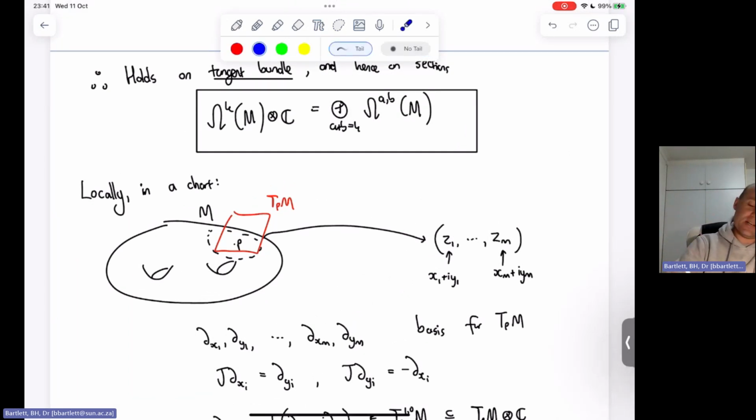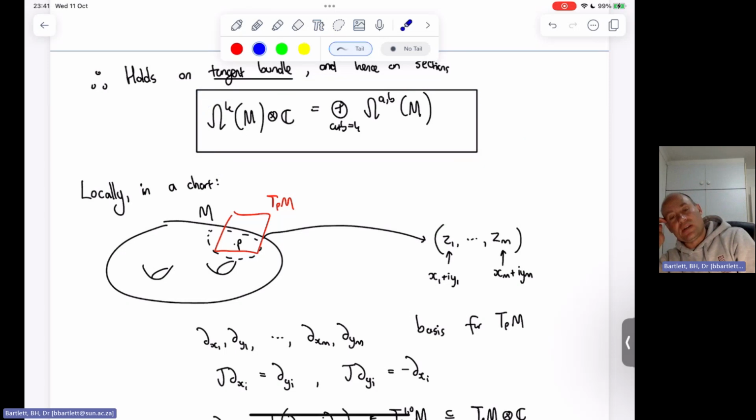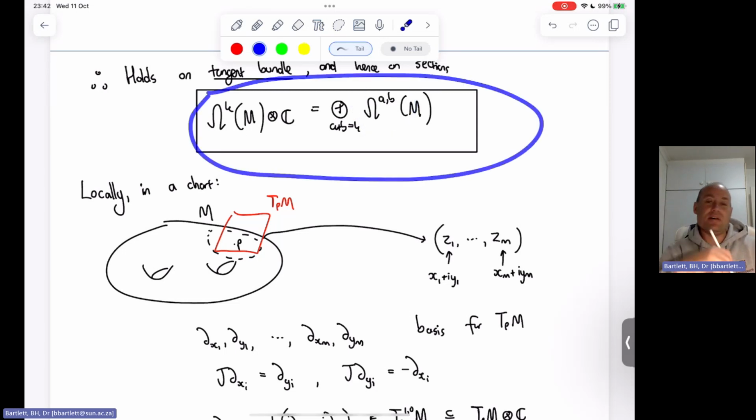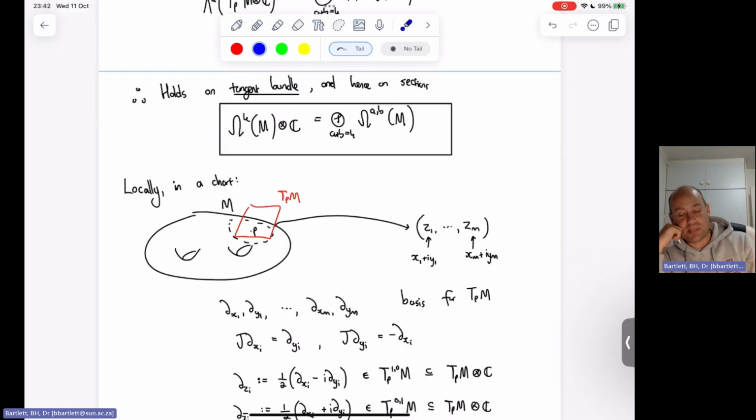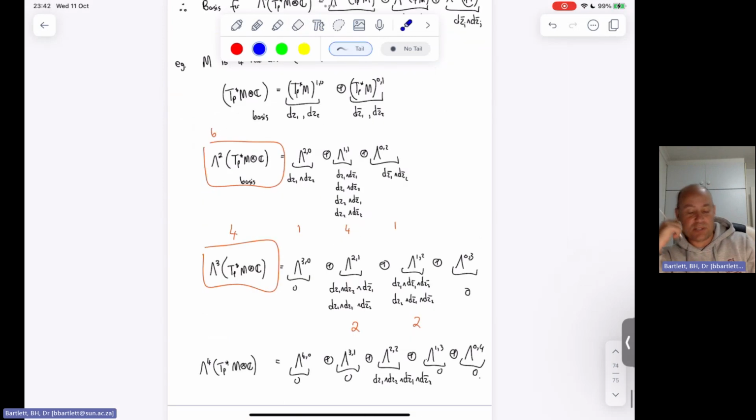I just needed this J structure to split in this canonical way into a direct sum of what we call holomorphic and anti-holomorphic parts, which is a bit of a misnomer. It would be best to just call it a decomposition of forms on an almost complex manifold. Okay, I've shown how the cotangent space is split up.